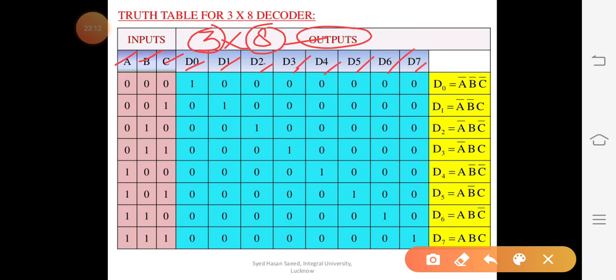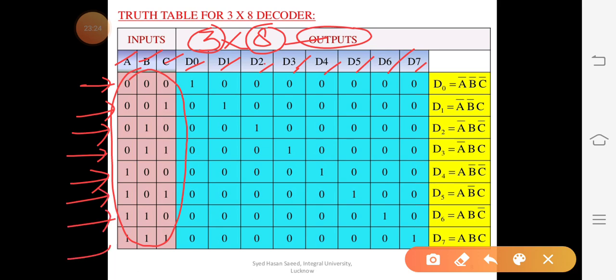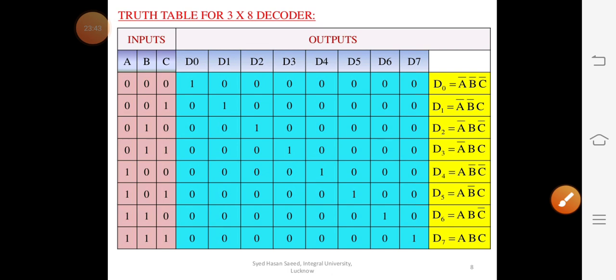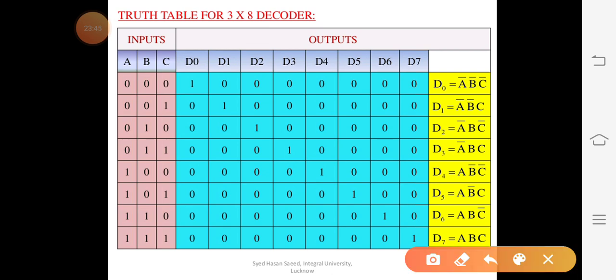Then next, you will make the 8 combinations here. You can make that yourself. Do you know how to make it? 0 0 0, 0 0 1, 0 1 0 for 2, then for 3, 4, 5, 6, and 7. Right? Now for 3 inputs, how many combinations will be made? 2 to the power 3. So these are the number of combinations, a total of 8 combinations, but the number of bits is actually 3.